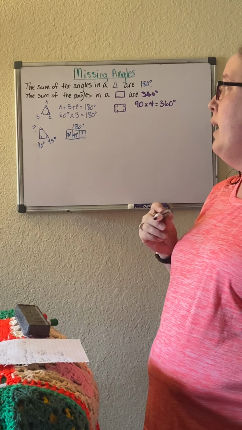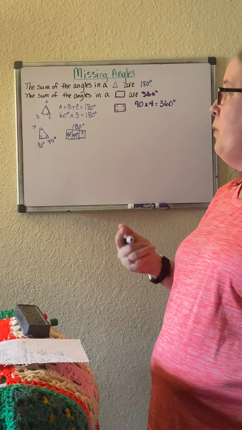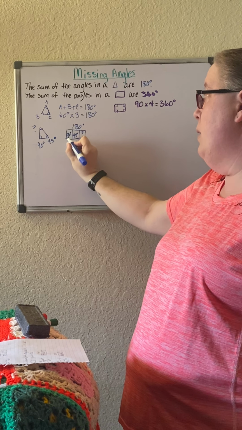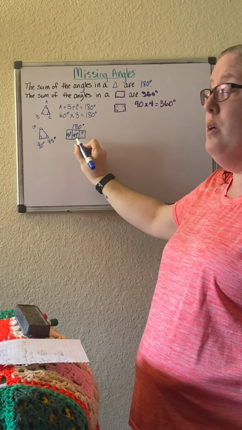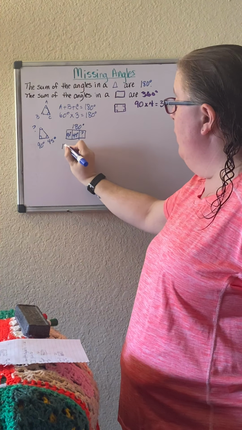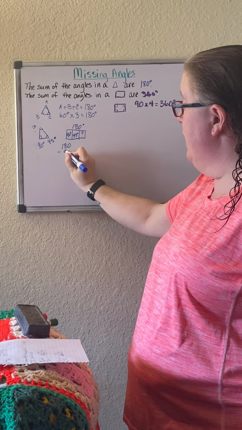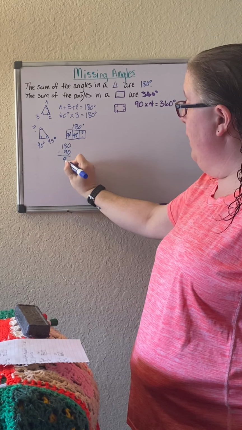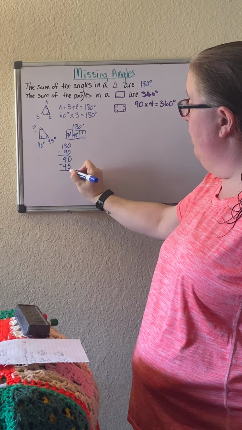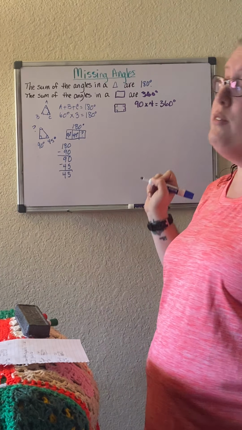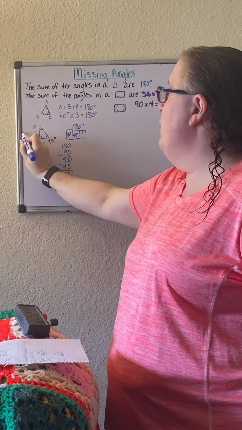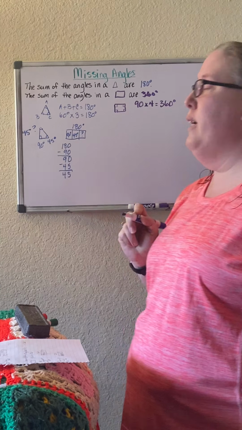So I have 2 ways that I can figure out that angle. I can either take my total, subtract the first part, and subtract the second part, and get my answer. That looks like this: 180 minus 90 gives me 90, minus 45 gives me 45. I was doing mental math. So this missing angle over here is 45 degrees.